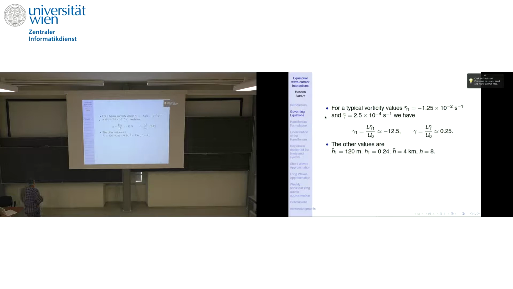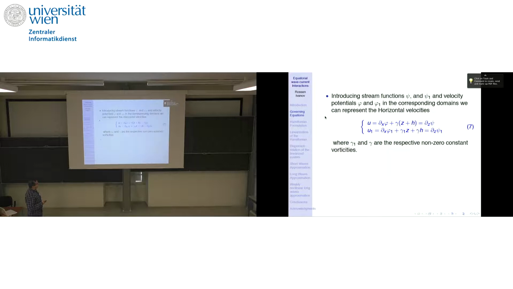It could be the wavelength, could be these things. And then we can write the equations in this way. They look more or less the same; we just replace with the non-dimensional quantities.